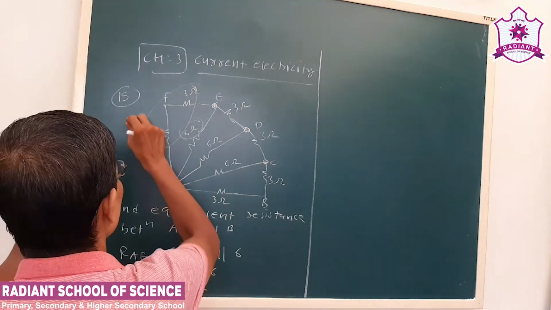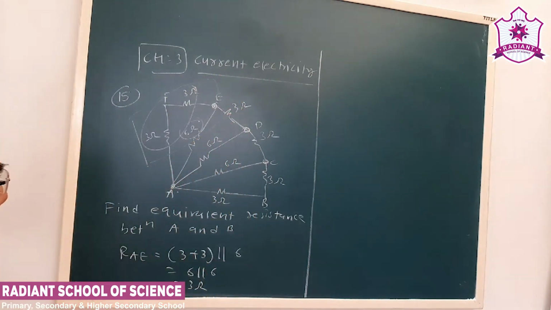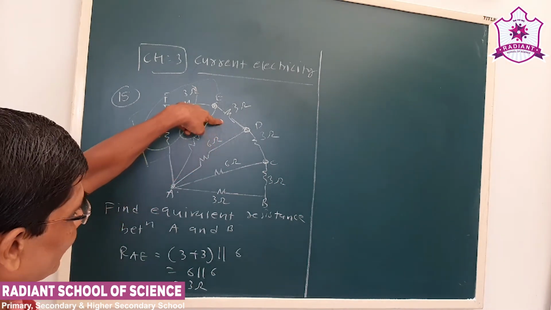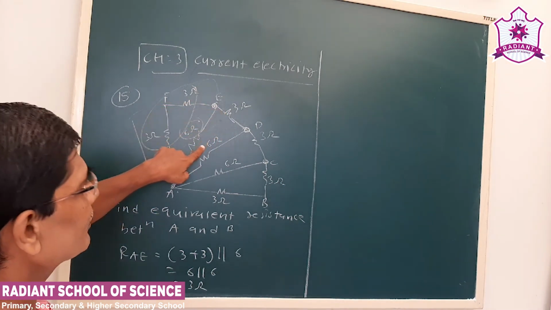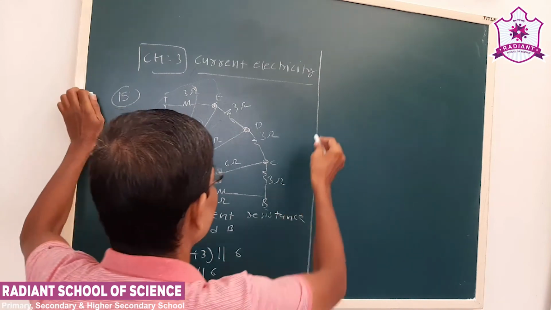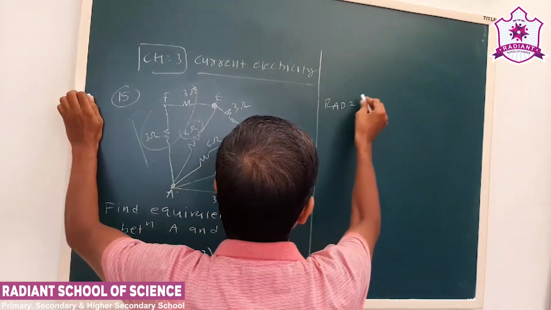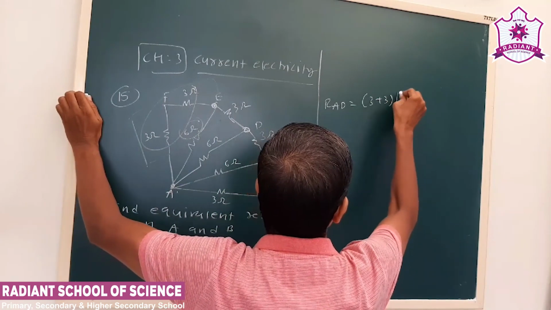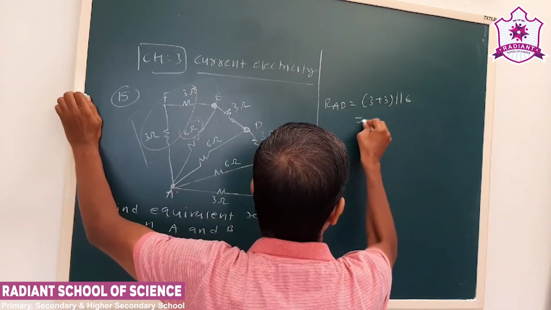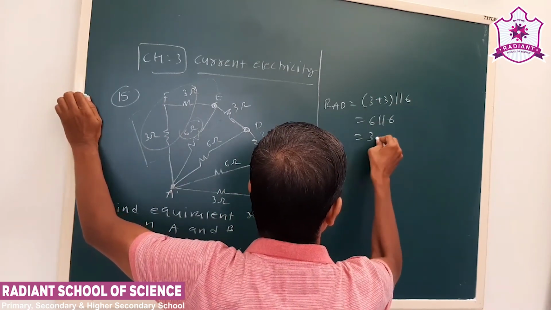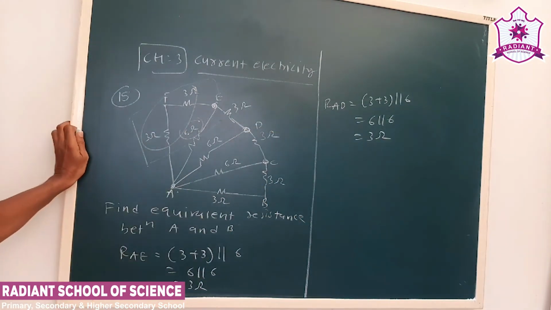This part is solved now. That will be in series with the 3 ohm resistor and that will again be in parallel with 6 ohm. So RAD: this 3 ohm plus ED is 3 ohm, also 3 ohm parallel with 6 ohm. RAD is 3 ohm.